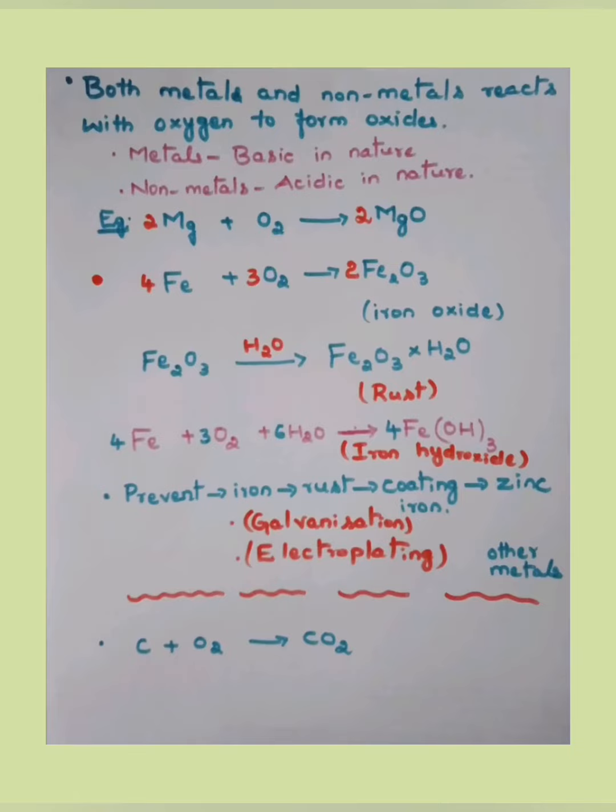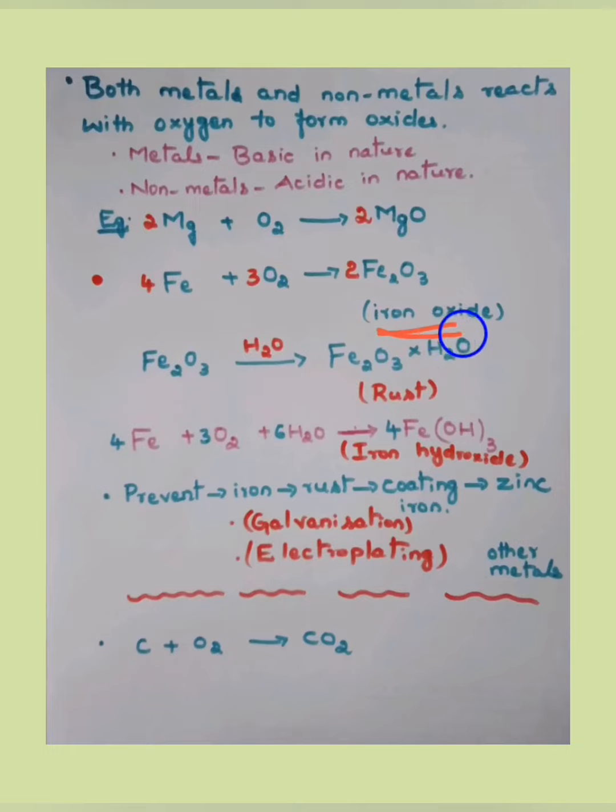Next, iron reacts with oxygen to form iron oxide. Fe plus O2 gives Fe2O3, but to balance the equation we take 4 Fe plus 3 O2 gives 2 Fe2O3. Here 2 twos are 4, so 4 Fe, and 2 threes are 6 oxygen, so it is balanced.